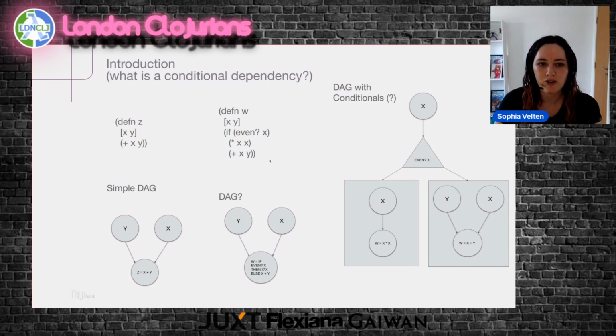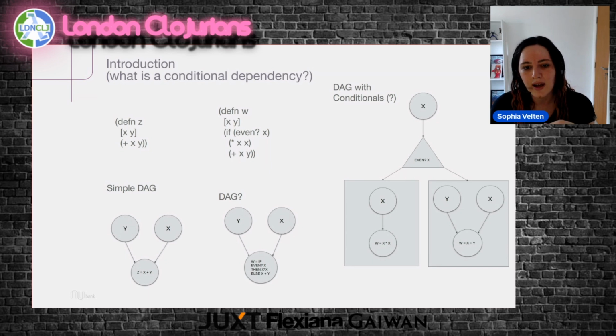Even though the function is saying that you're depending on x and y, that's not entirely true, is it? It's true that you always depend on x, but depending on the value of x, you might need y or not. So if x is even, then you don't depend on y, you just need x. If x is odd, then you need x and y.